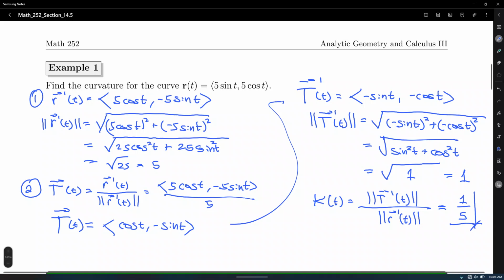Notice how we got a constant as a result for the curvature. Why do you think it's a constant value? It's a scalar. Okay, let's think of the geometric shape of the curve we're working on.